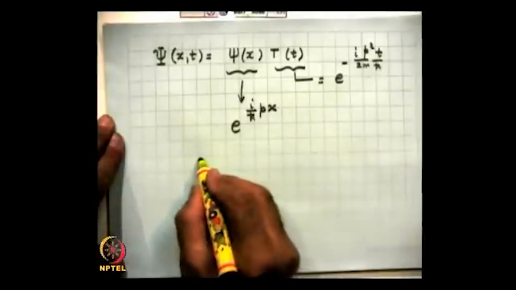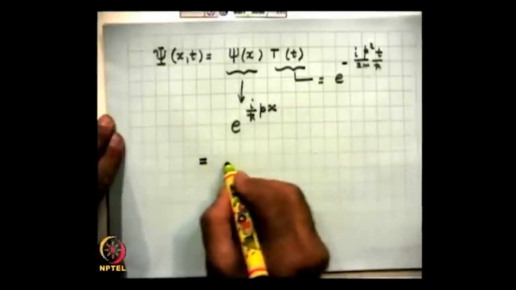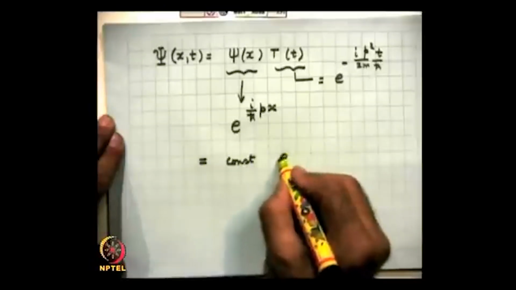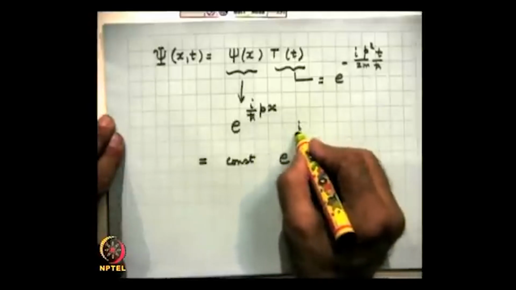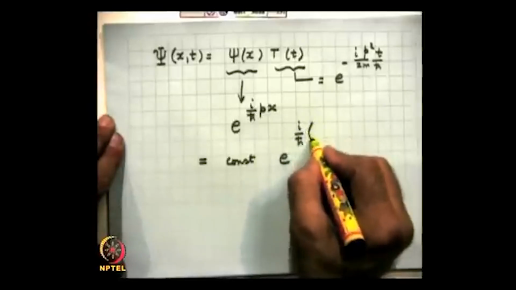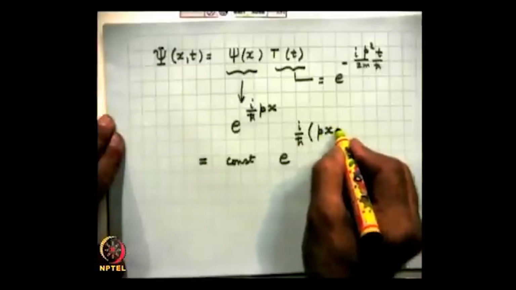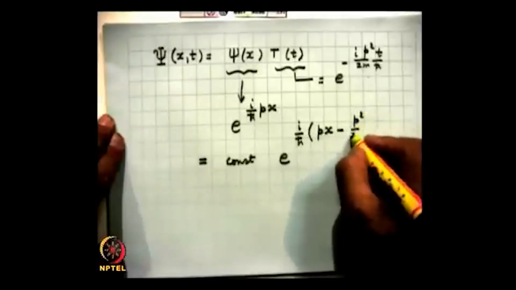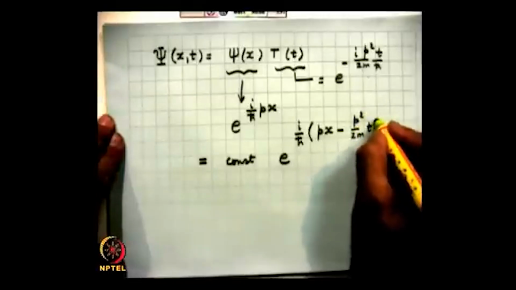So, the total solution will be some constant times e to the power of i by h cross p x minus E t, that is p square by 2m into t.